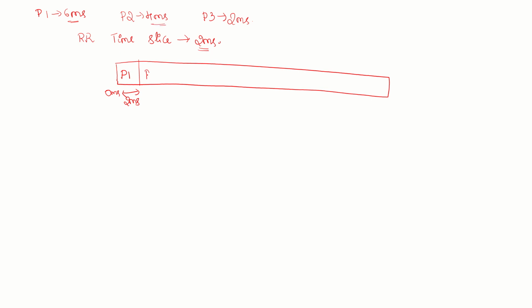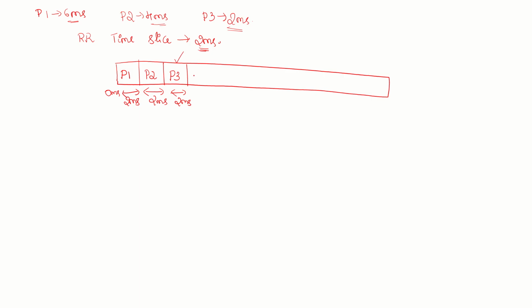P2 also executes for 2 milliseconds because we are considering this time slice. Now, after 2 milliseconds, we have to consider P3. P3 also executes for 2 milliseconds. P1 and P2 have not completed because their completion times are 6 and 4 milliseconds. But P3's completion time is 2 milliseconds, so P3 completed here.